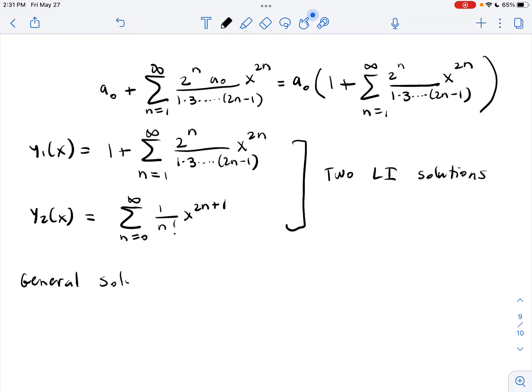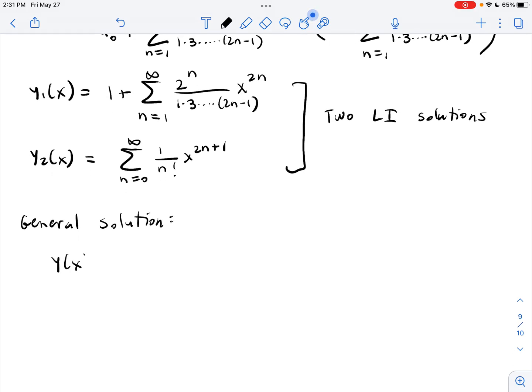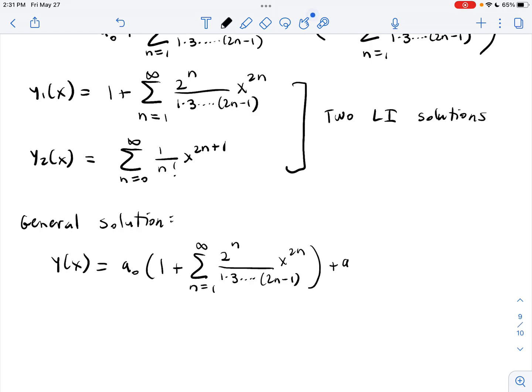And what would the general solution be? So y of x is going to equal a0 times the first series plus a1 times the second series.